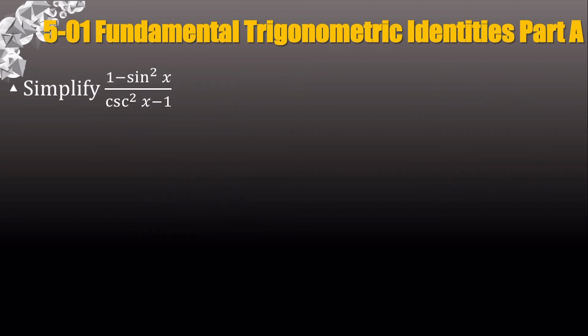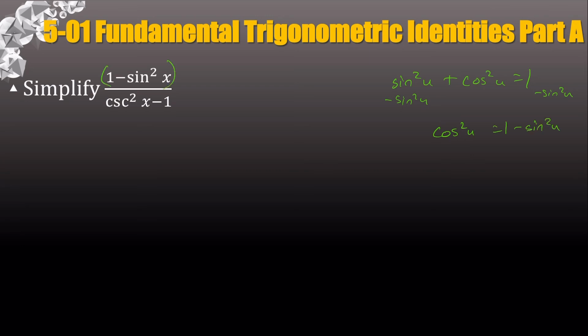Let's try another one. All right, again, we had that sine squared plus cosine squared is 1. So here, if I subtract the sine squared, cosine squared is 1 minus sine squared.